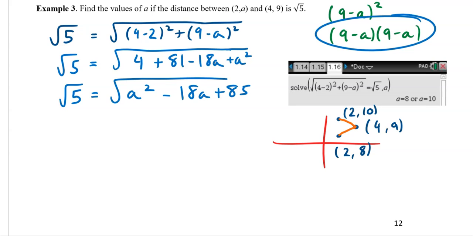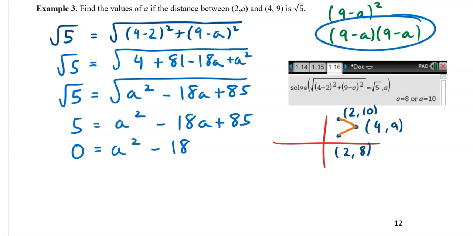We can then square both sides, giving us 5 equals a squared minus 18a plus 85. Subtracting 5 from both sides gets us to 0 equals a squared minus 18a plus 80. Now, this is factorizing. I'm hoping you're remembering some of this. We're looking for factor pairs of 80 that add, or subtract in this case, to negative 18.